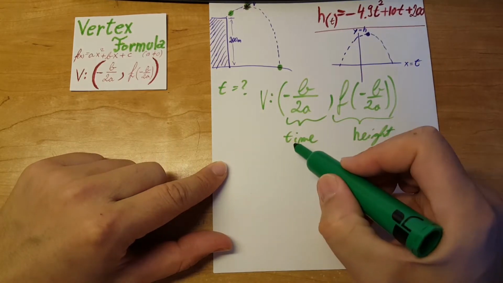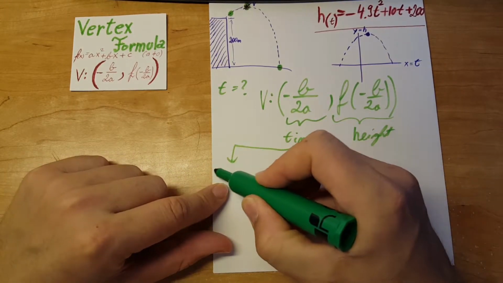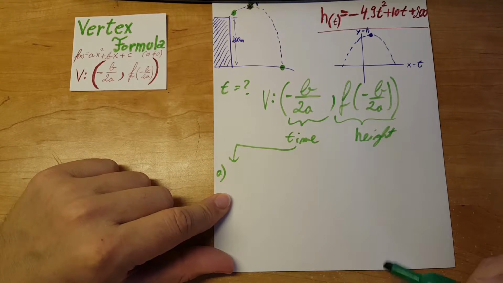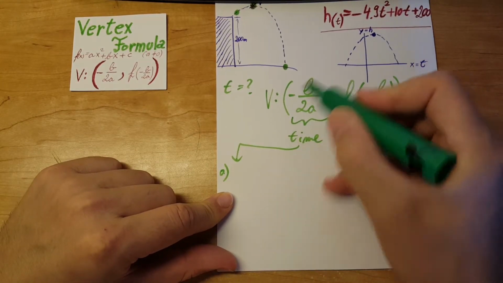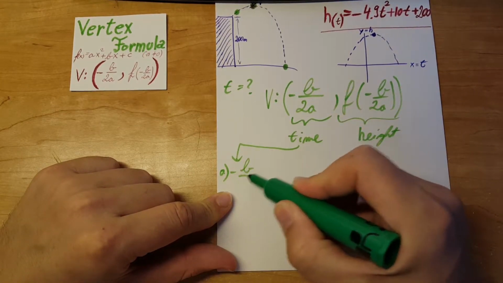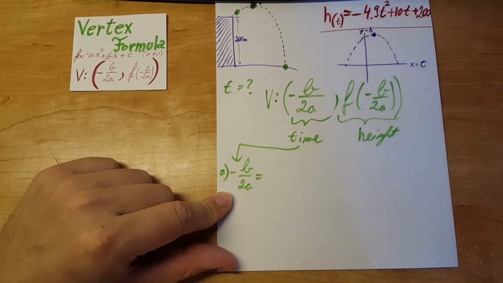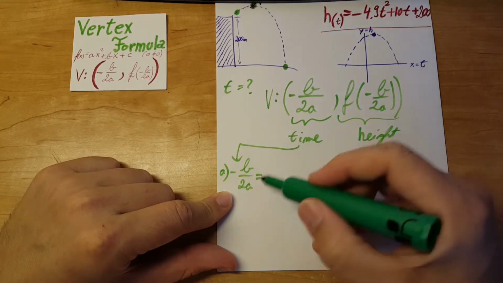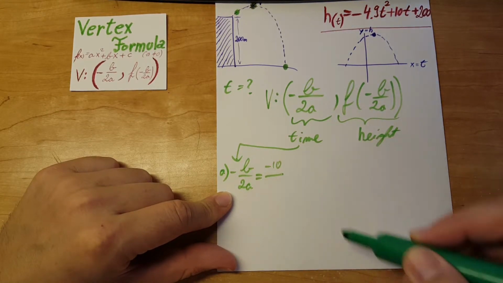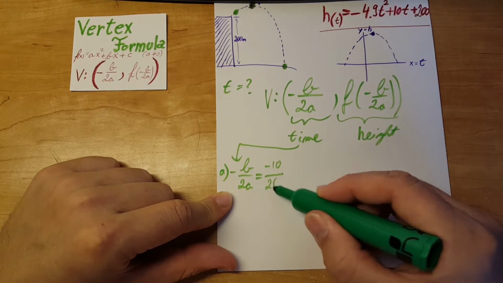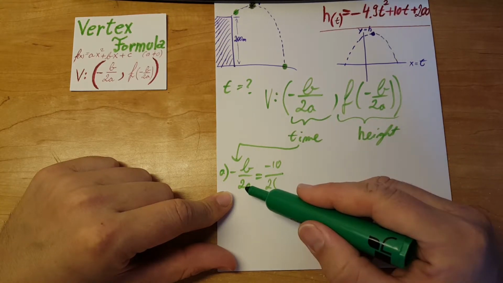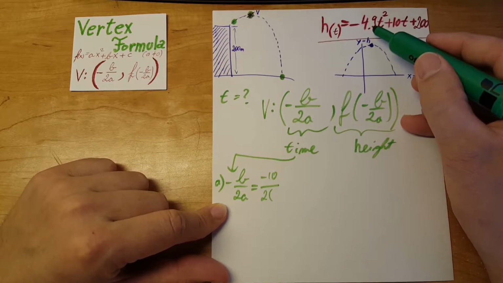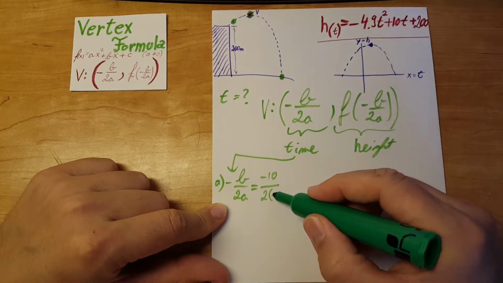Let's find our time first, and this would be simply calculating this value, negative b over 2a. We're gonna plug in and find it. Negative 10 over 2 times a, and a is negative 4.9.